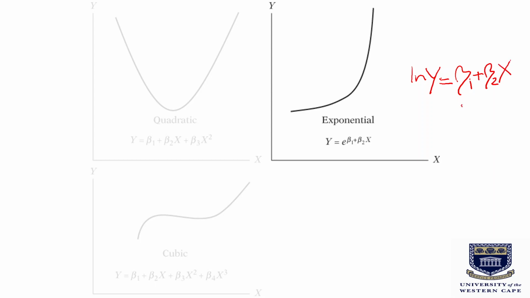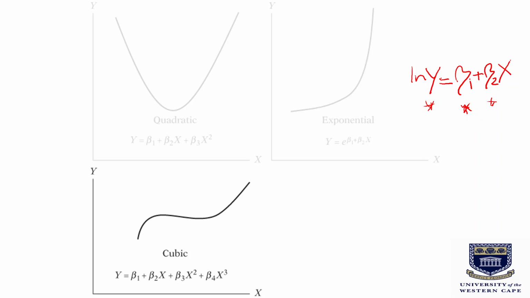Now, these are linearly related to the left side of the equation. So sometimes a model specification can be transformed in such a way that it can be made linear in the parameters.